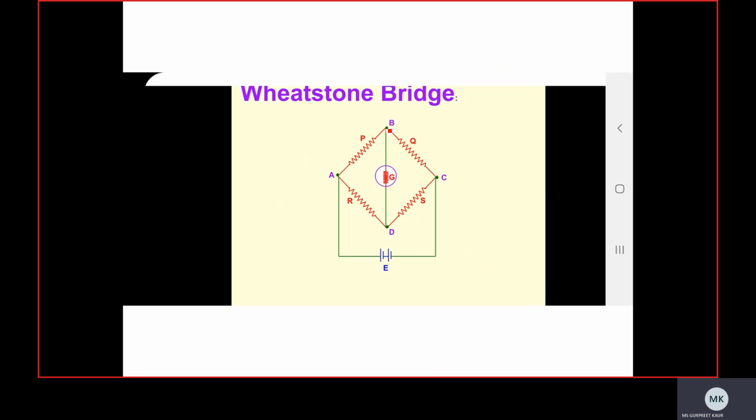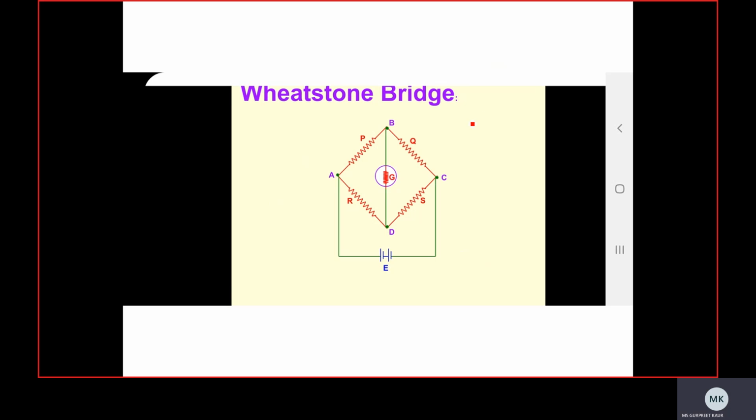When the potential of point B is the same as the potential at point D. Because until and unless there is a potential difference between any 2 points, no current will be flowing between those 2 points. So since B and D are at the same potential and no current flows through this galvanometer, we say that this bridge is balanced.